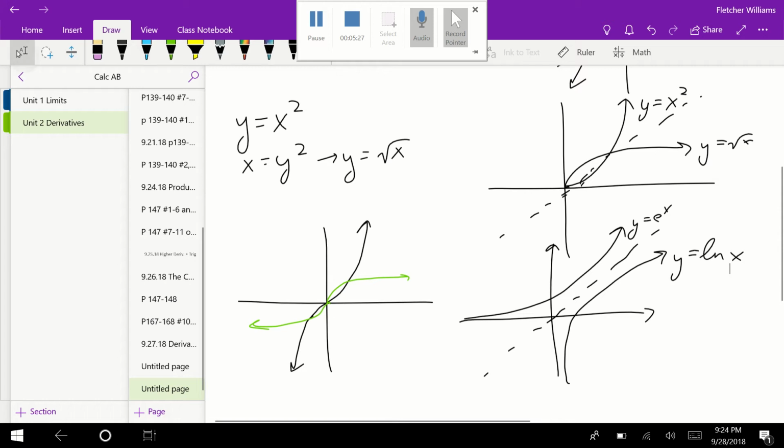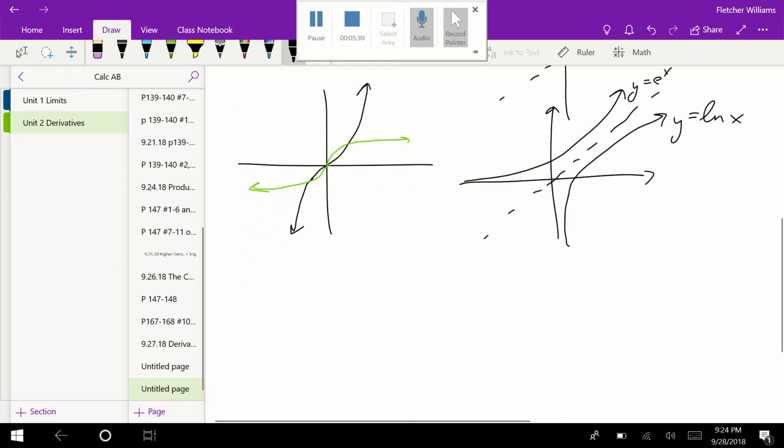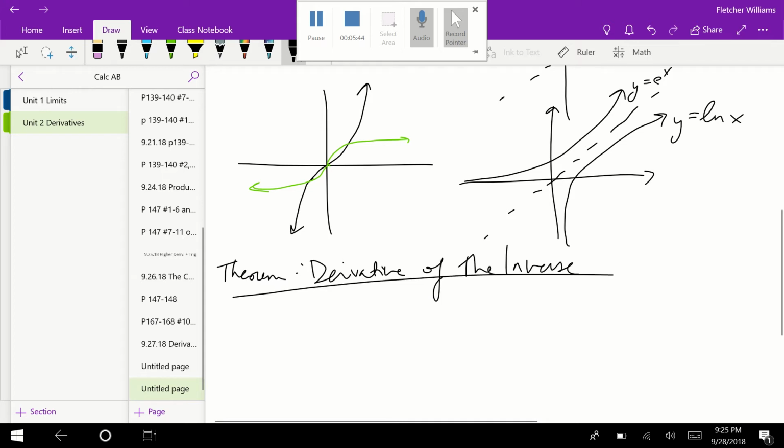So let's start with just the basics. Theorem: derivative of the inverse. The if statement is a bit of a mouthful, so we will assume that f of x is differentiable and 1-to-1.